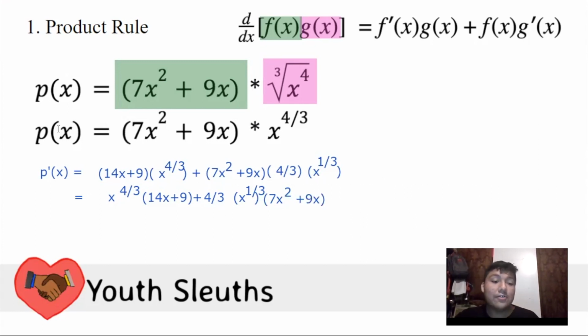So now we found the derivative of p of x. Now in the next slide, we will look at a different example so that we can master the product rule.